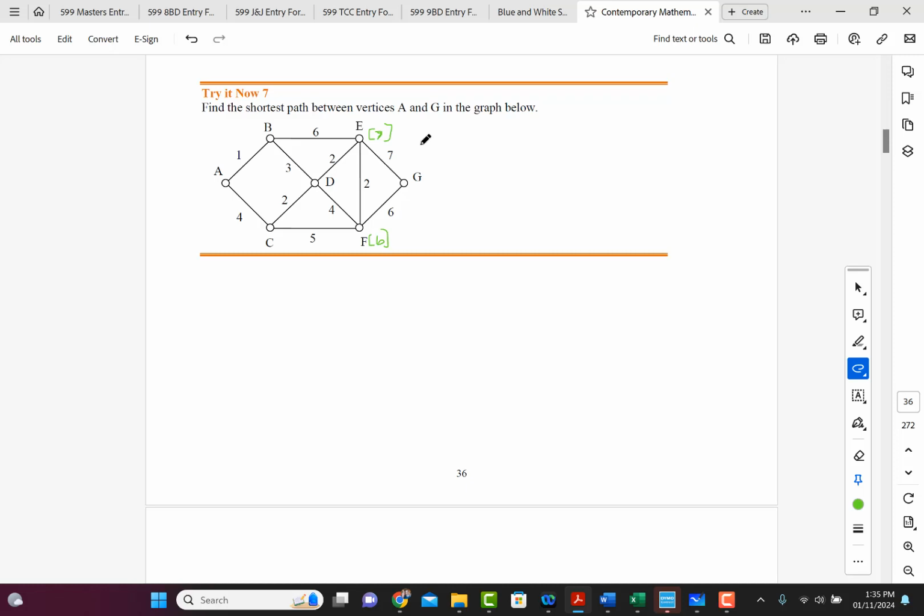Okay, so now the shortest path is going to be here. So we're going to mark G as visited. And now E is going to be the current.